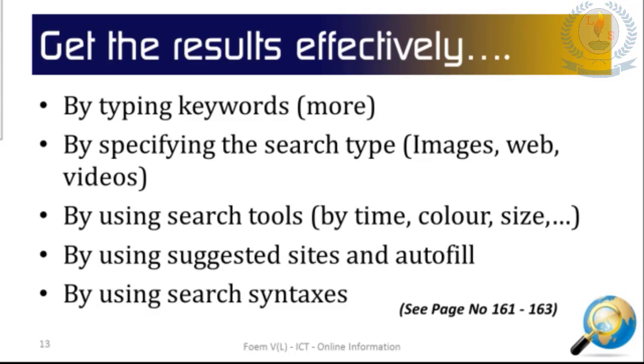You can select the type of search by using search tools: by time, by color. If you want to find cars in red color, you can select the color from the tool and the result will give only the red cars. We will also discuss suggested sites and autofill, and search syntaxes or Boolean.